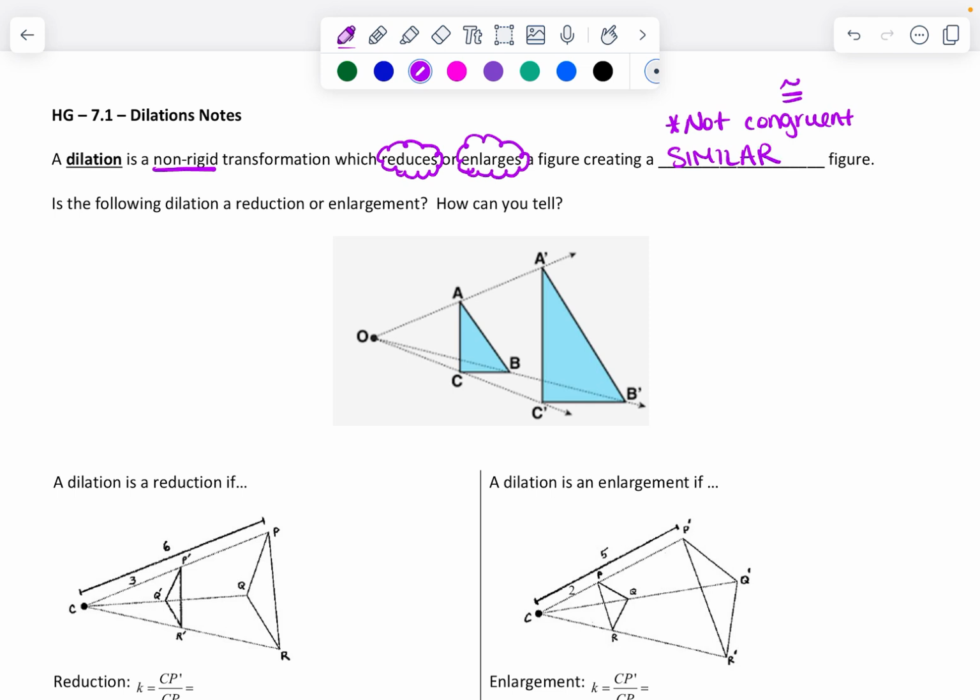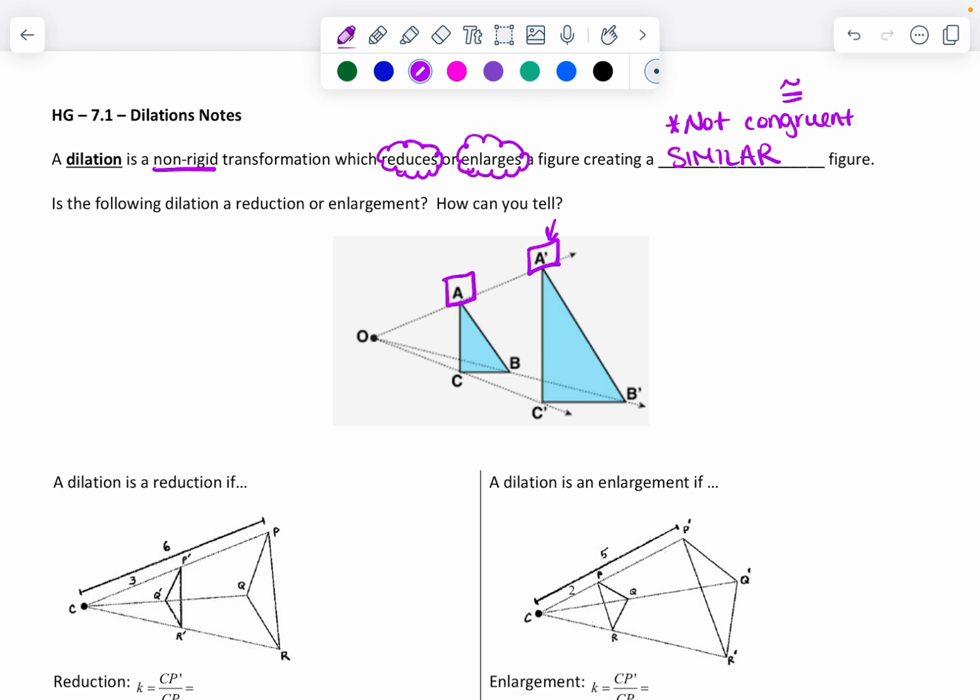Okay, and so similarity is going to be what we're talking about for the next couple weeks. Let's take a look at these two triangles. First of all, is this dilation a reduction or an enlargement? The key is going to be looking at the notation. Remember, we have A and A prime.